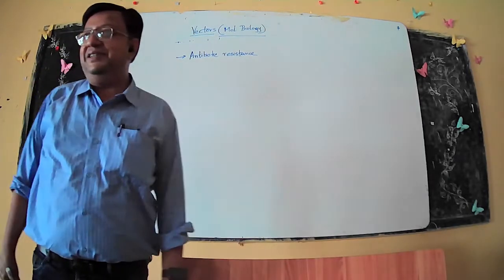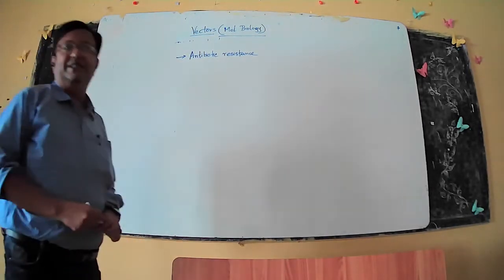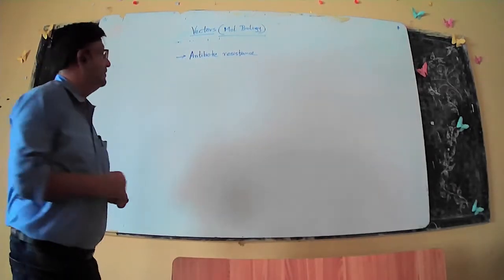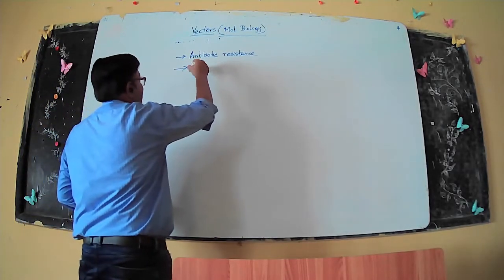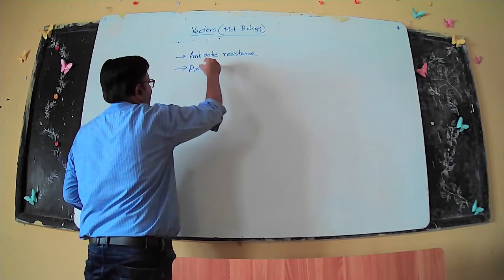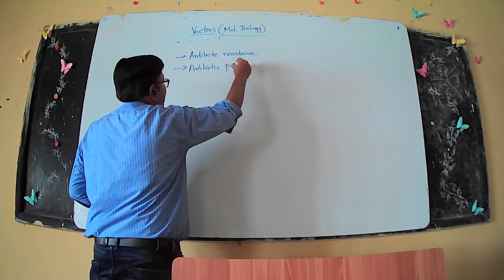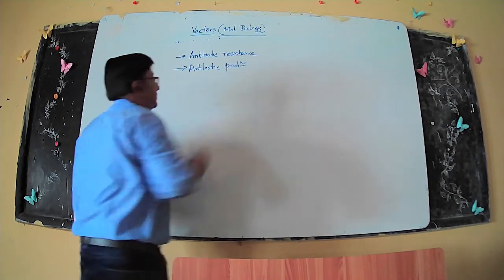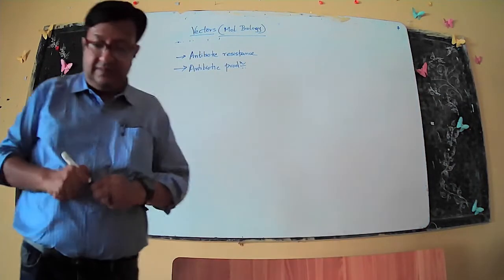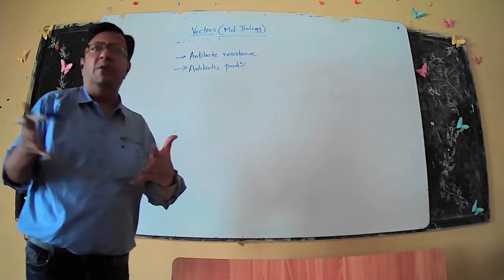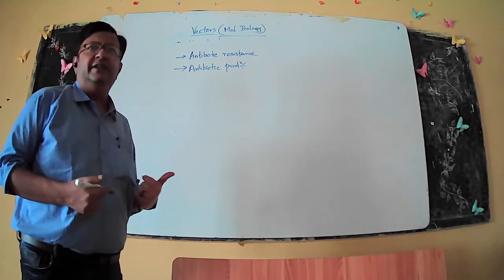Next is antibiotic production. It will produce some antibiotics which will kill others. Then there are some aromatic compounds like phenolic compounds in the surroundings.